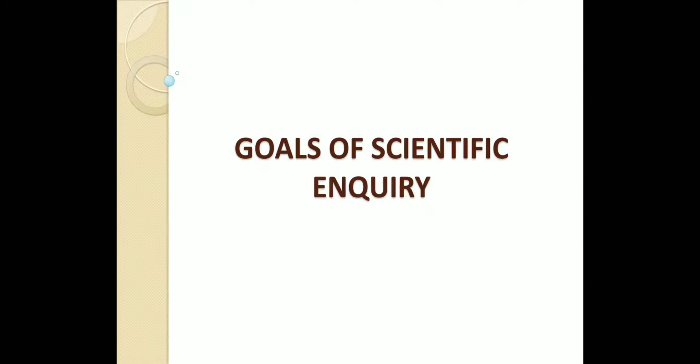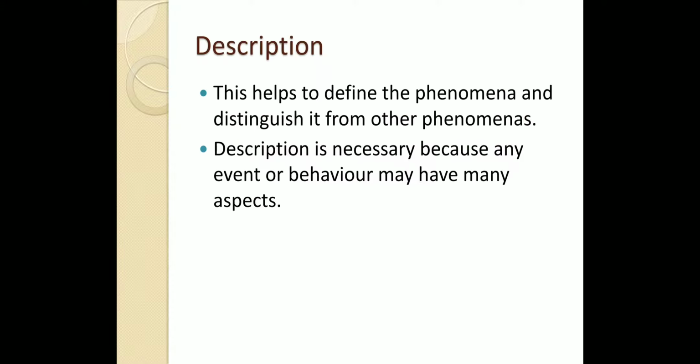Now students, let us understand what the goals of psychological inquiry are, that is, scientific inquiry. The first goal is to describe, or description. Students, description helps us to define the phenomenon and distinguish it from others. It is also very necessary because any event or behavior may have many aspects.